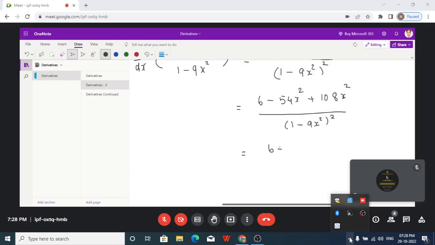So 6 plus 54x square. We can take 6 common: 6 into 1 plus 9x square divided by 1 minus 9x square the whole square.